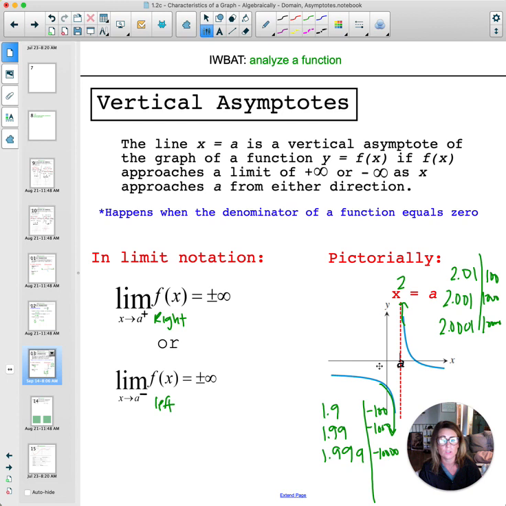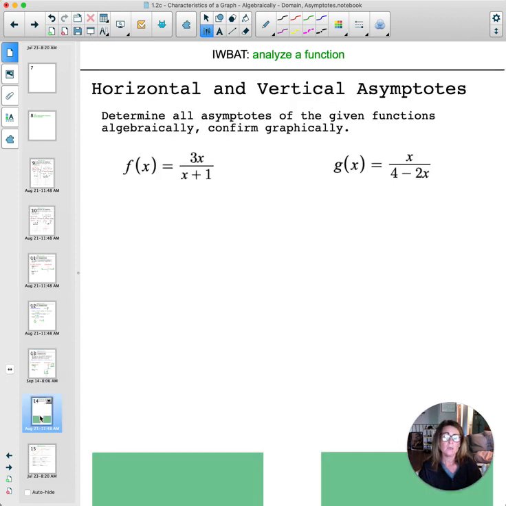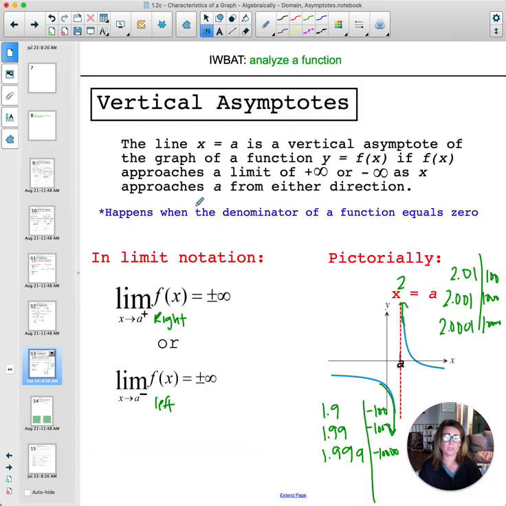As they get closer and closer to a from the left, your outputs are going to either positive or negative infinity. That's the definition of a vertical asymptote. Vertical asymptotes are, sorry, I didn't mention this, where the denominator equals 0. So vertical asymptotes come from the denominator.